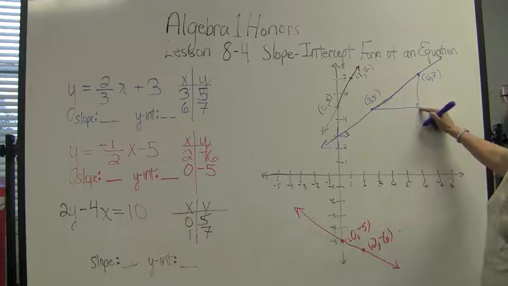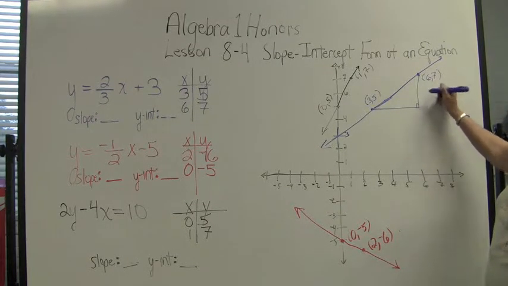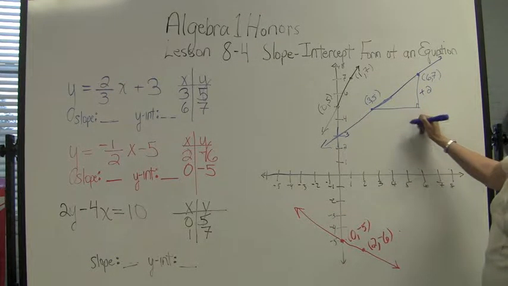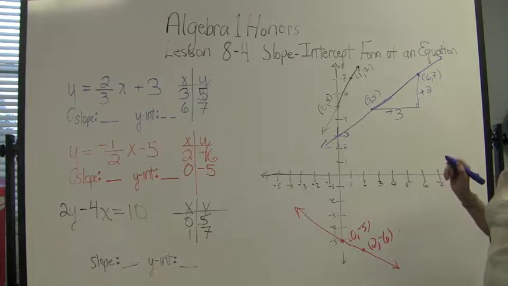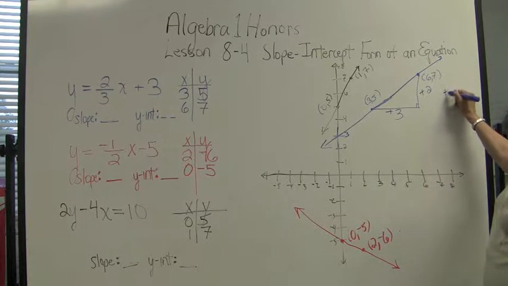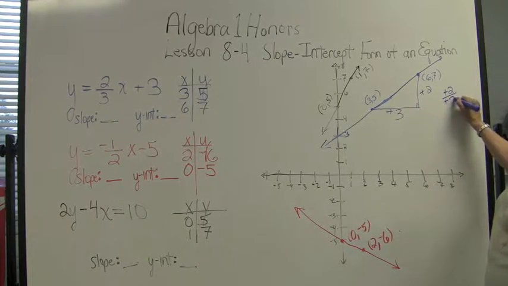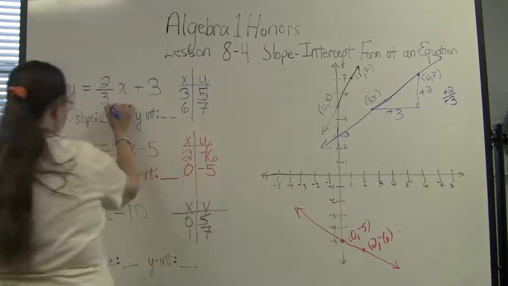So the vertical change from 5 to 7 is up 2. And from 3 over to 6 is plus 3. So the slope of this line is going to be positive 2, because that's the vertical change, over positive 3. Let's fill that in over here. Positive 2/3.